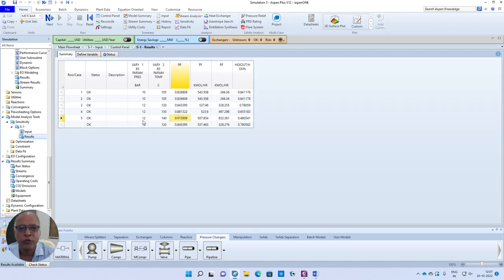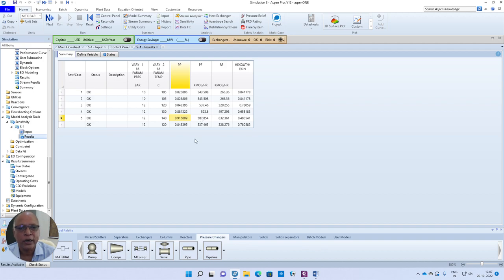If you are operating the flash column at a pressure of 12 bar and 140, you are able to get the maximum purity, right? But the disadvantage is it is going to reflect the minimum recovery. So you should be able to pay this penalty and handle a large amount of reflux, and also the product flow is going to decrease.